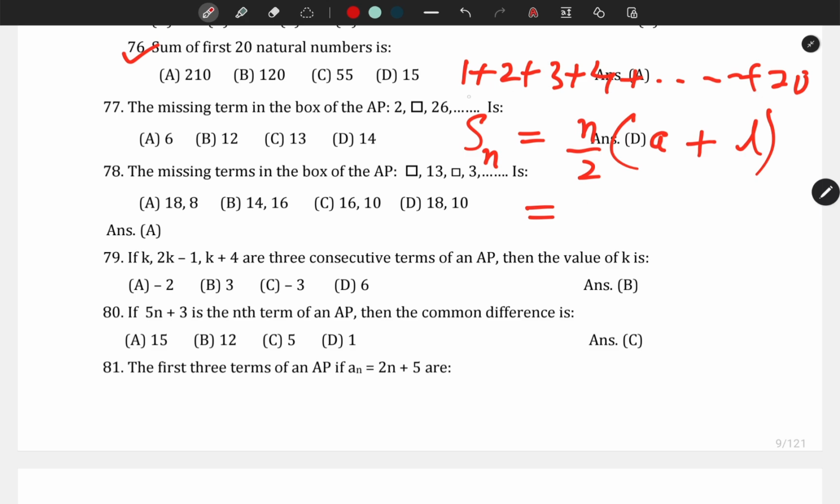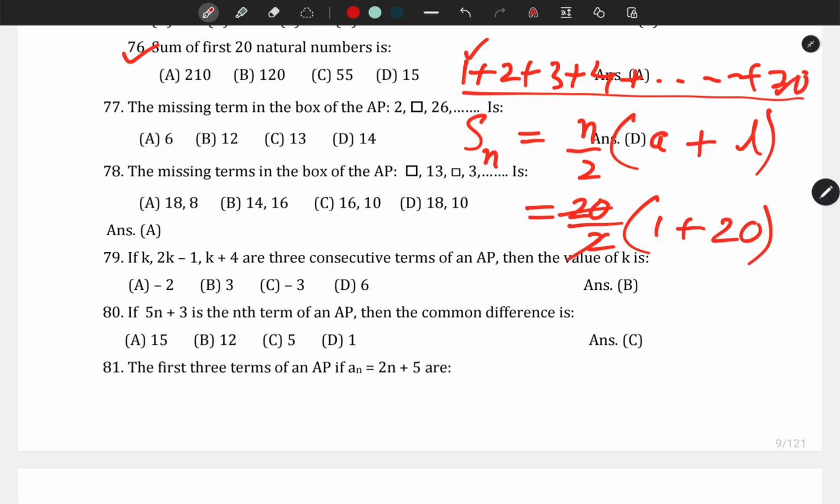There are 20 terms here, divided by 2. a means the first term is 1, and the last term here is 20. So if you cancel this, 2 tens are 20, 10 into 21 is 210, and the correct option is A, 210.